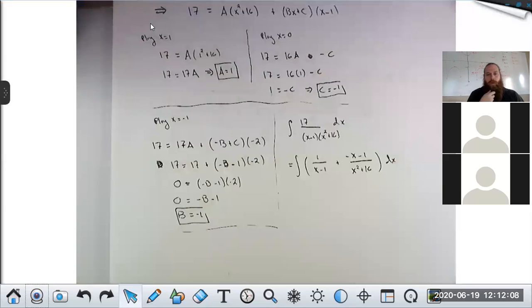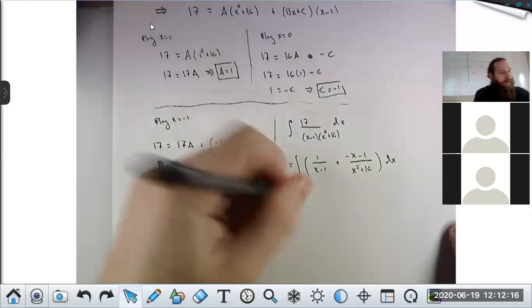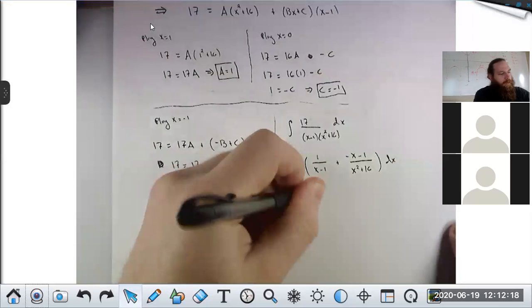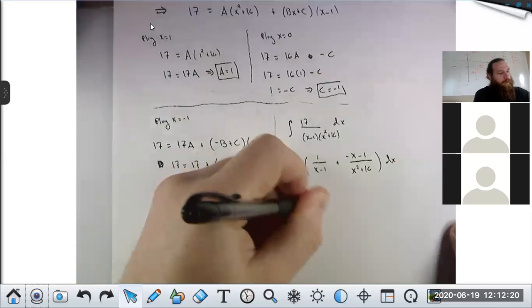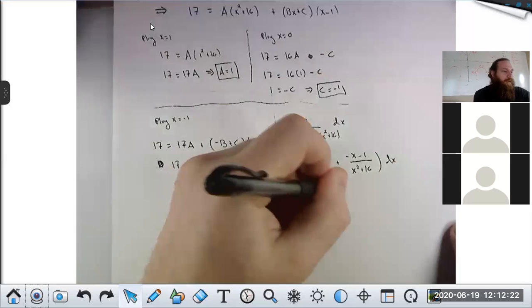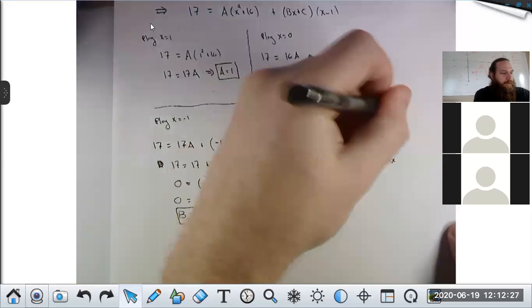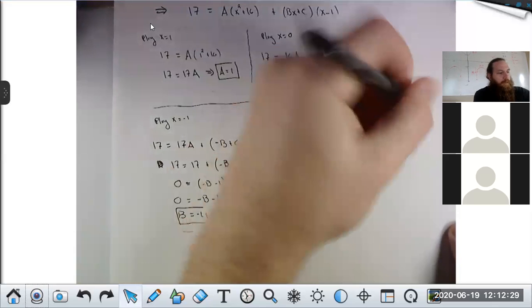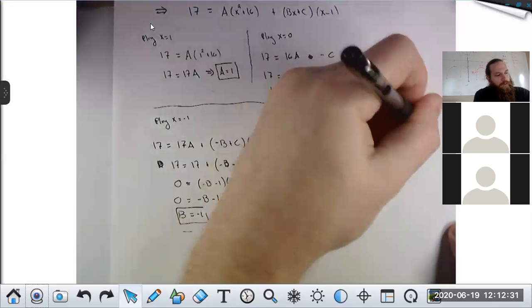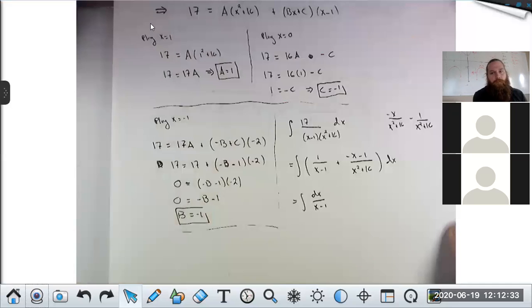And the easiest way to attack this problem from here is to split into 3 integrals. So I'll have my integral dx over x minus 1. And then this guy I can split as negative x over x squared plus 16 minus 1 over x squared plus 16.